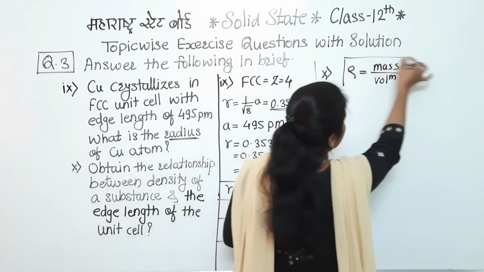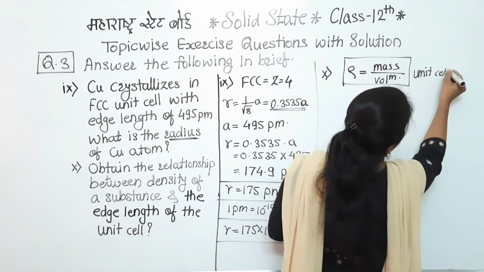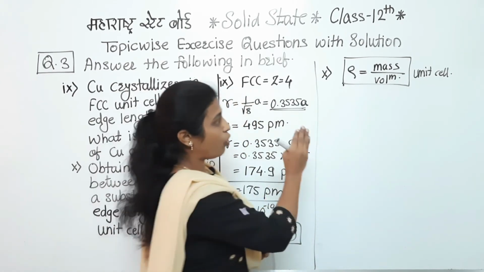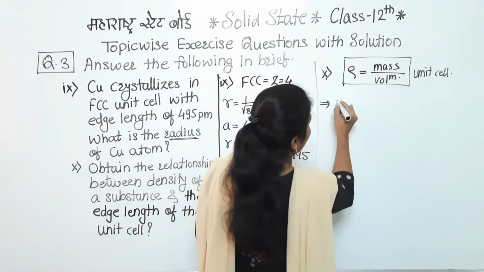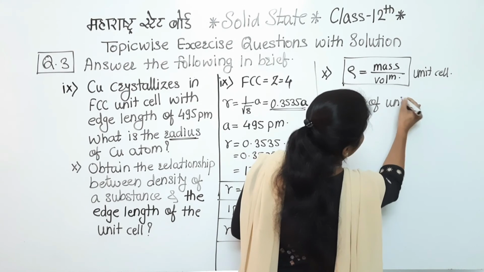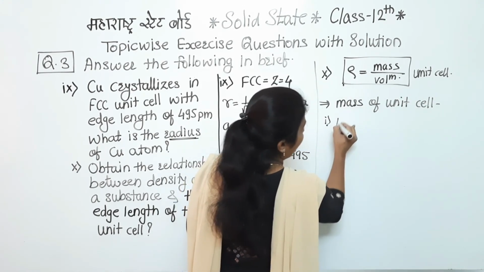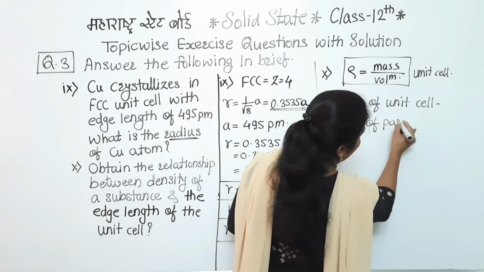But we have to discuss that relation regarding unit cell. For that, what we have to do? We have to take the mass of the unit cell and volume of the unit cell. So firstly, we are going to start with the mass of unit cell. For that, keep in mind the first point, mass of particle.